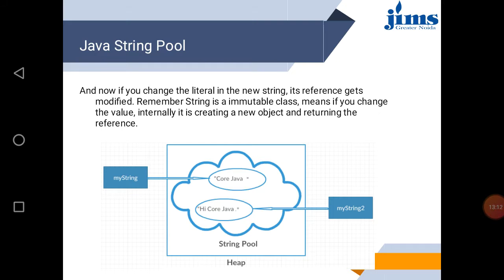As we know, objects are immutable, that will not change. So a new object will be created in the string pool and the new object will be referenced by the new variable. So in this case, my string was showing one object core Java, and now the altered object is a new object and will be referenced by the other variable.